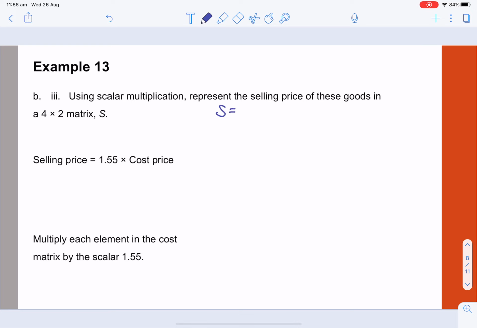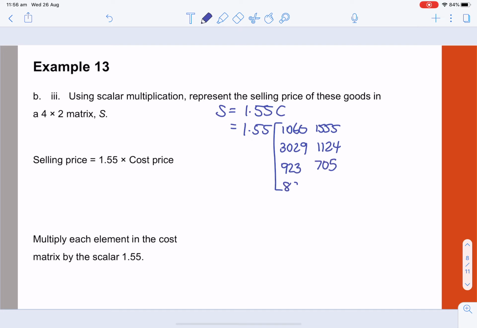So S is equal to 1.55C, which is equal to 1.55 by 1060, 1555, 3029, 1124, 923, 705, 896 and 1230. Then we multiply each element.